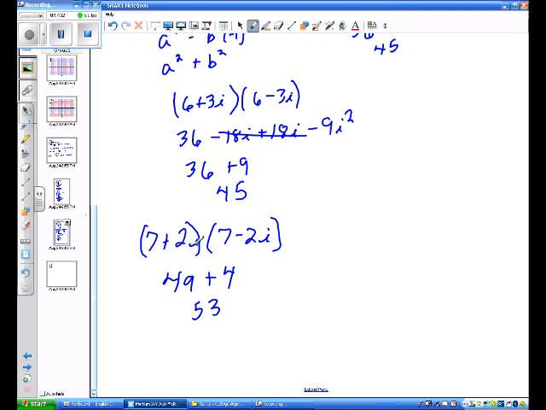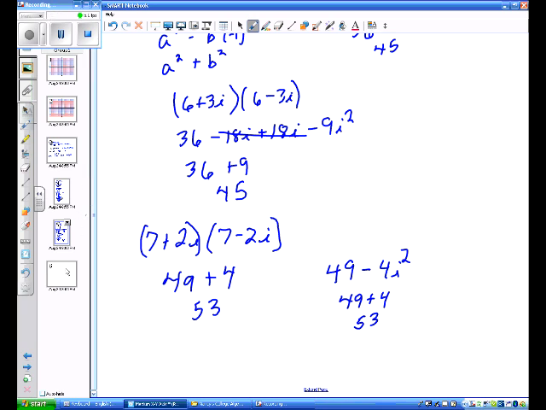And if you wanted to do it as the difference of two squares, the first term squared minus the last term squared, you have 49 minus 4i squared, and then change your i squared. Negative 1 times negative 4 would make that 49 plus 4, or 53. So there's several different ways that you can go about doing this: using the pattern, using full multiplication, or using the difference of two squares.